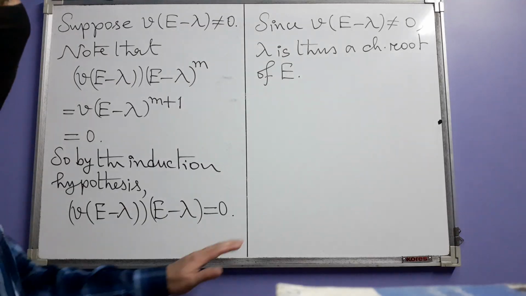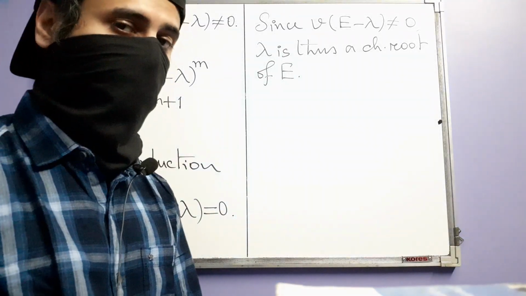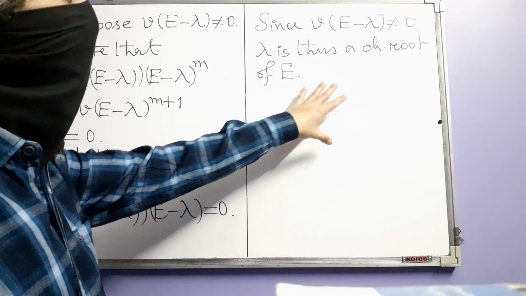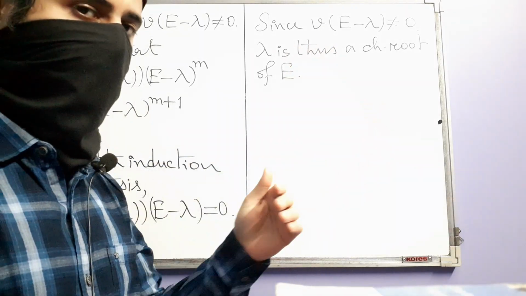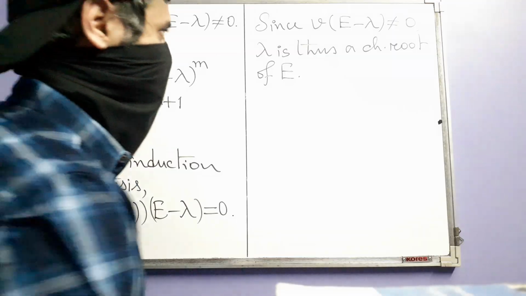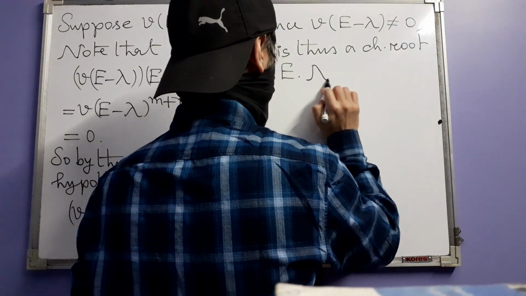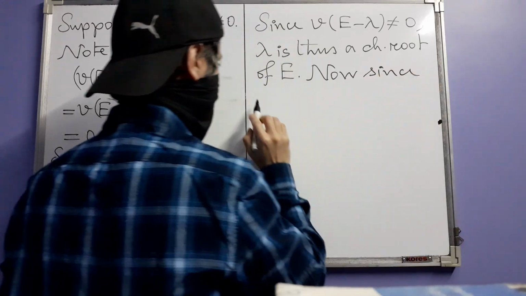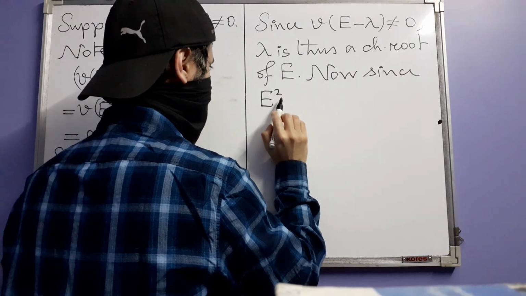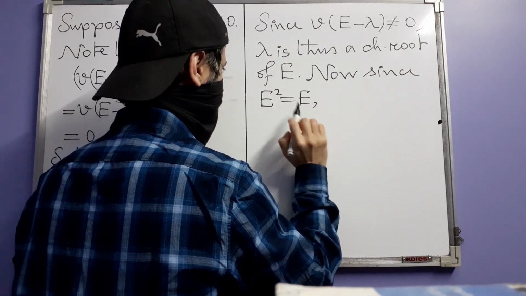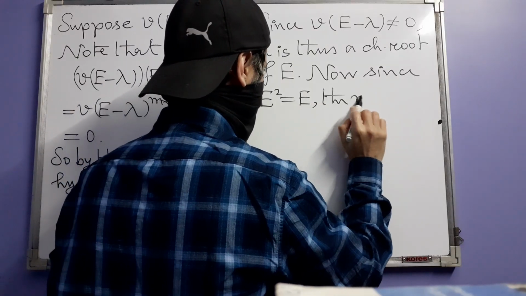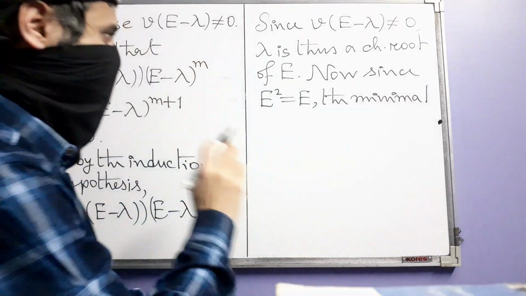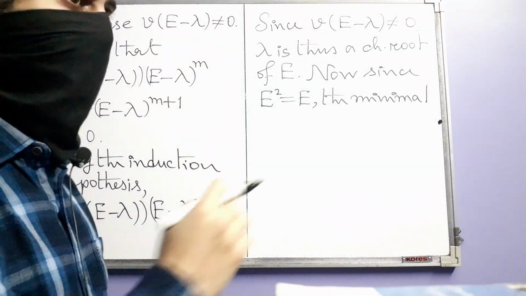Now, can we say something about what lambda can possibly be? Yes, we can. And in fact, this is where we are for the first time going to use the fact that E square is equal to E. Since E square is equal to E, that means E satisfies the polynomial x square minus x.